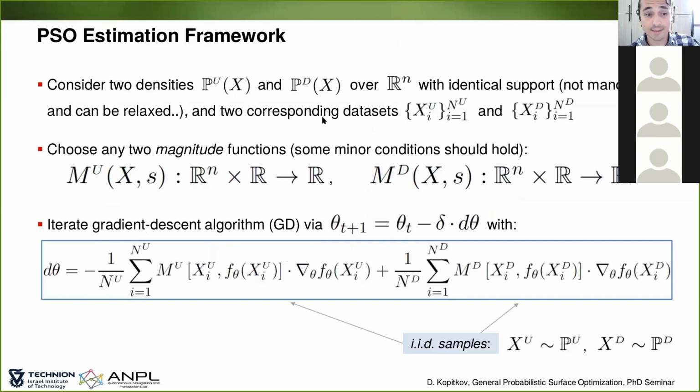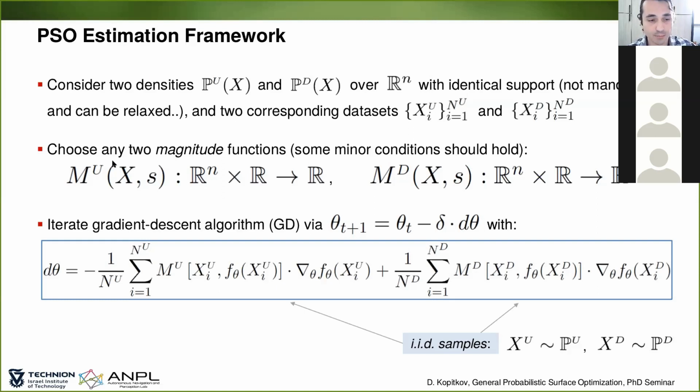Consider two corresponding data sets, xui and xdi, generated by these density functions. Likewise, choose two magnitude functions that have this shape here, this signature that you see for both of them. So the mu and md functions, we will call them magnitude functions. We'll see later why I chose this name for them.